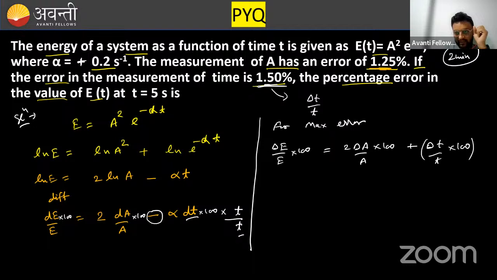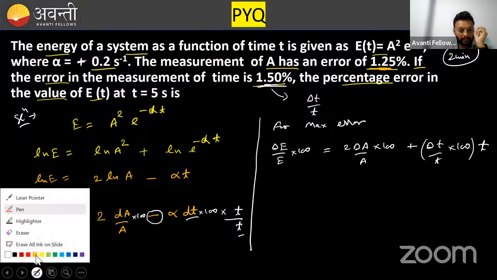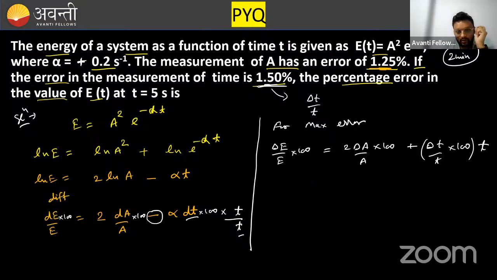And can I see one T is extra, this T. Now put the values. If I put the values, 2, and this delta A by A into 100 is 1.25, 1.25 plus delta T by T into 100, 1.5.